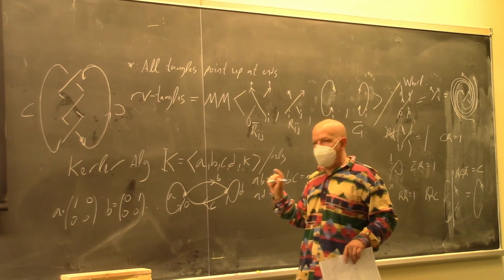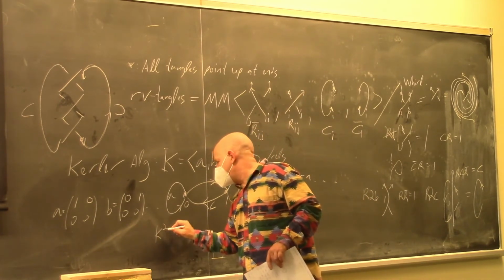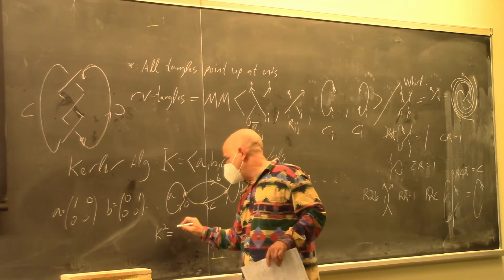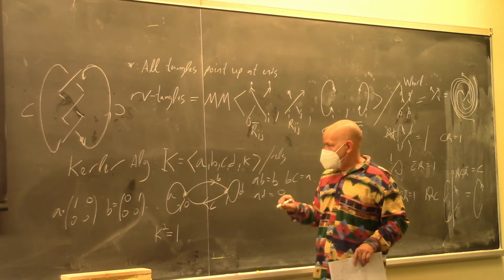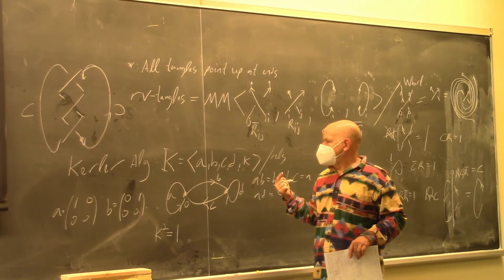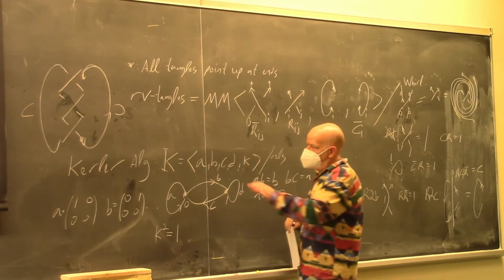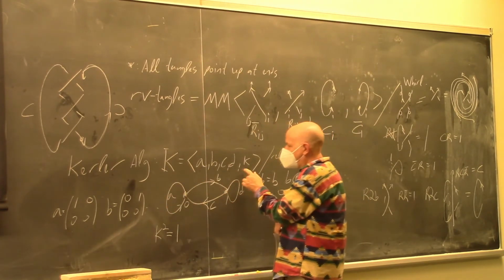And then K has two properties. K squared is equal to 1. In fact, what we're doing is taking the semi-direct product of the algebra of 2x2 matrices with a Z mod 2.